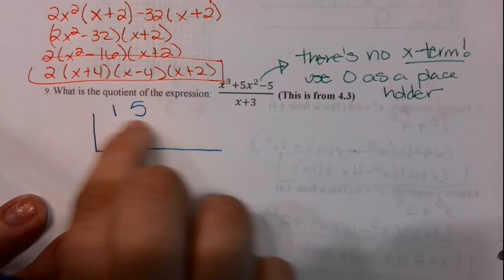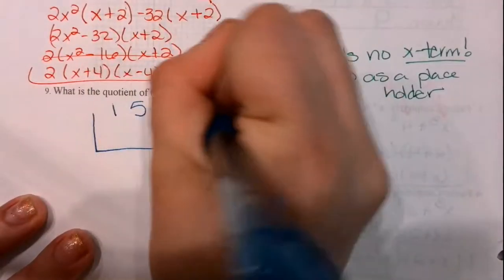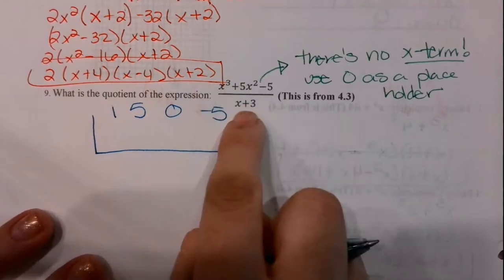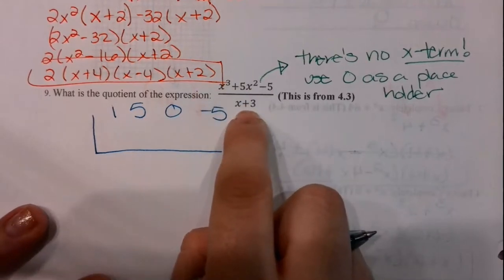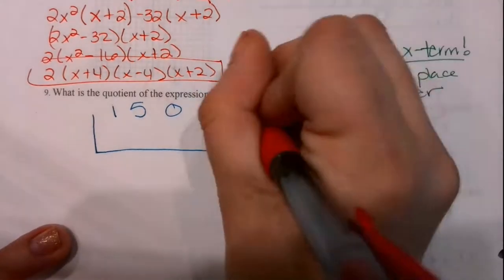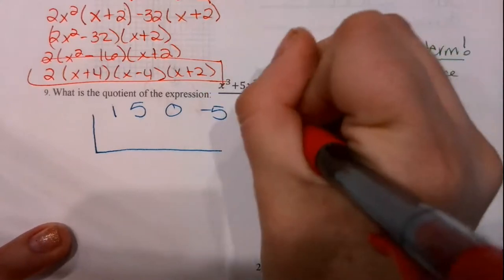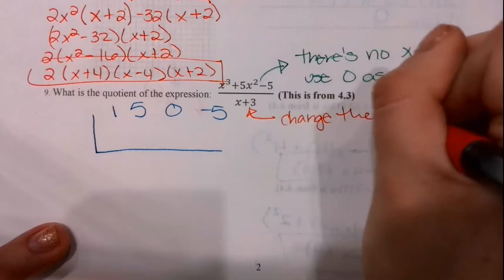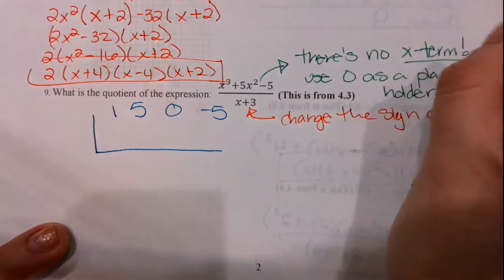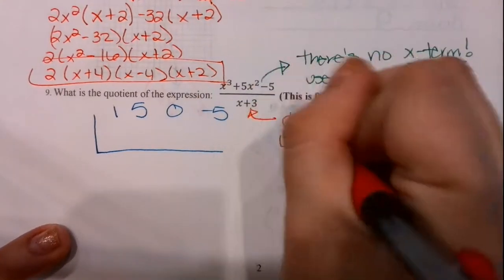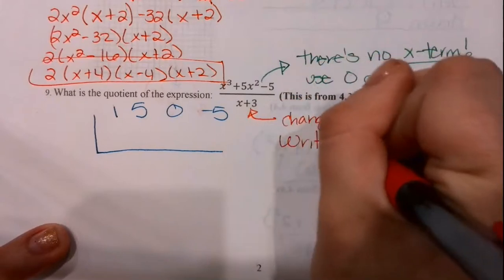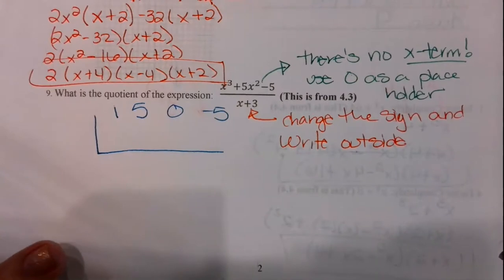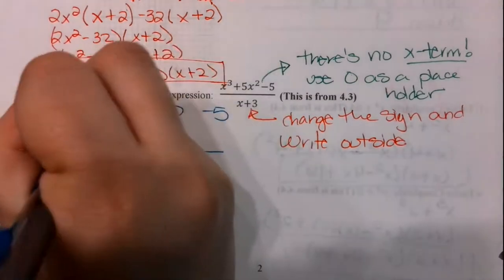So it's going to go 1, 5, and then 0, negative 5. Okay? For the number that I'm dividing by, I want to change the sign and write outside. Okay? So instead of being a positive 3, it's going to be a negative 3.